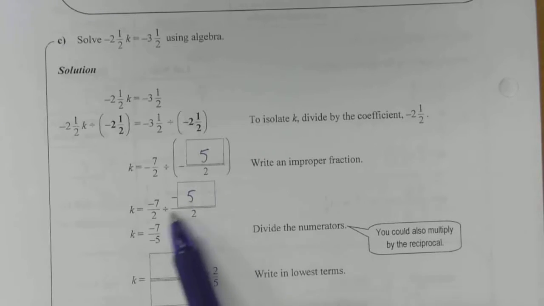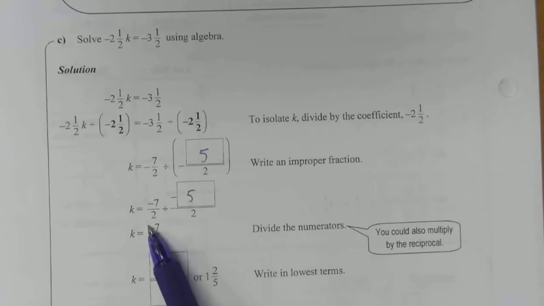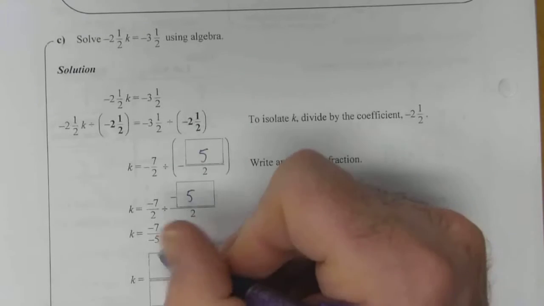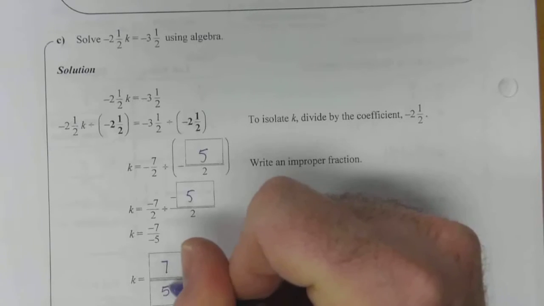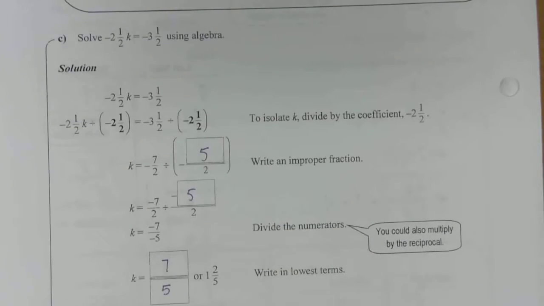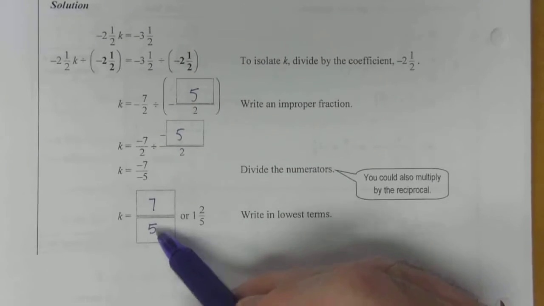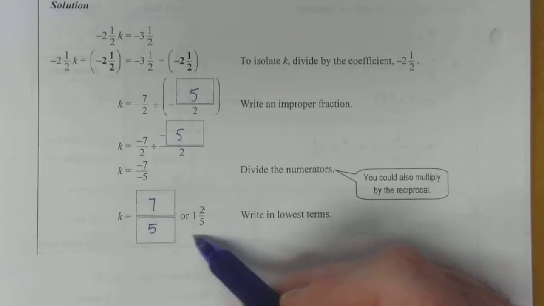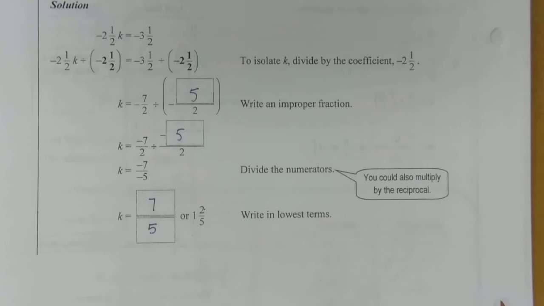You can drop your denominators at that point, and then this becomes negative 7 divided by negative 5. You can drop the negatives then, and it becomes 7 over 5. And 5 goes into 7 once, with 2 remainder, so it can be written as 1 2/5.